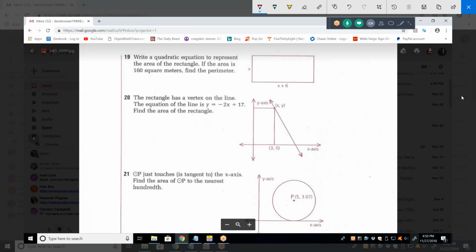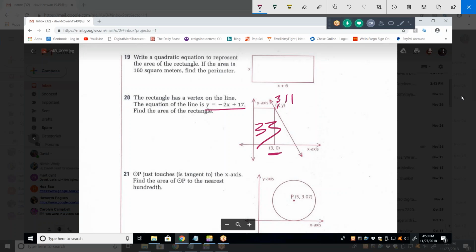Look at the whole picture, including this down here. They've told us it's a rectangle, so the x-coordinate, where it says x comma y, what does that x have to be? 3. Okay. So if that's actually 3, what's the y? Negative 6 plus 17, which is 11. Now what's the area of the rectangle? 11 times 3, 33. Right.